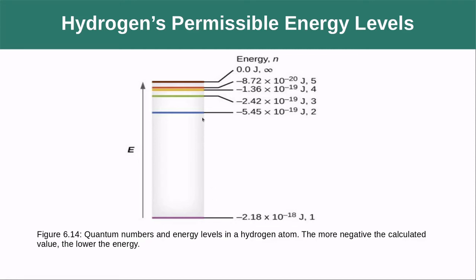You could have a higher energy level here, a higher energy level here, on and on and on, but you can't have anything in between them. And this is going to be specific for different elements. So this, for instance, are the permissible energy levels that hydrogen can have.